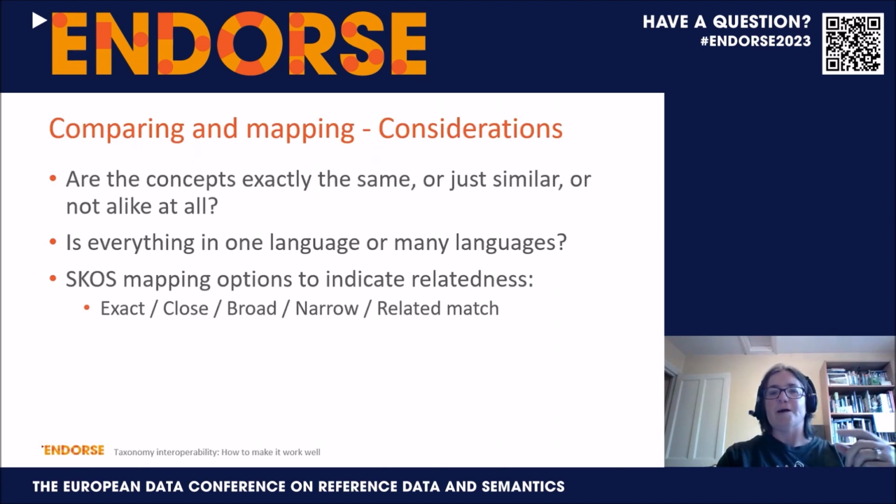You can do broad and narrow, which is really good, where you've got taxonomies that are operating at different levels. Like, say you have an enterprise taxonomy at central level that's got lots of broad concepts, and you're trying to represent mappings to more detailed taxonomies that, say, subject matter experts are working with.